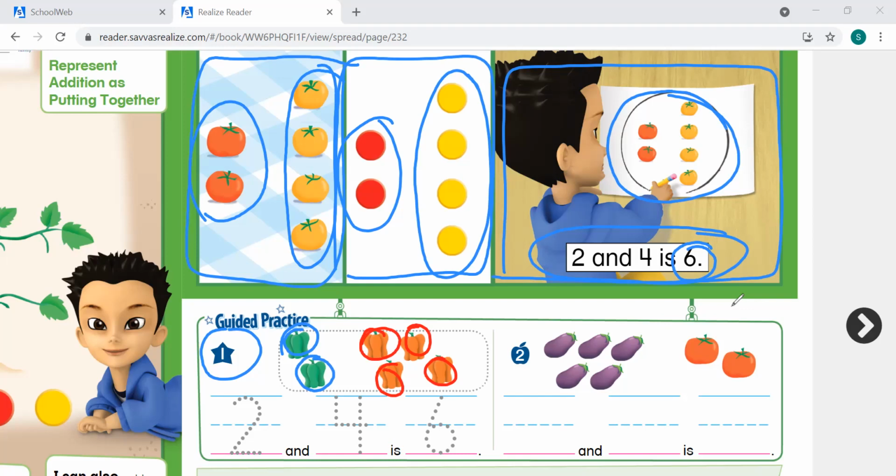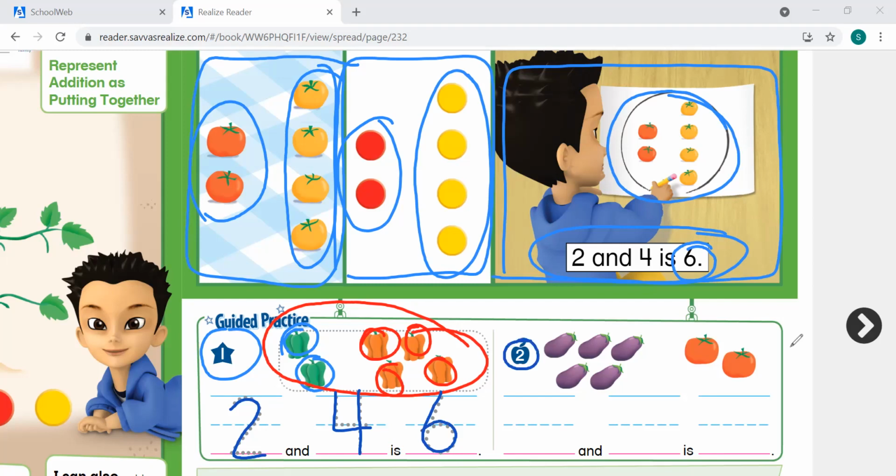We're going to put these two groups together in order to figure out how many in all. So let's write our addition sentence to show how many in all. In our first group, we have 2 bell peppers. And in our second group, we have 4. 2 and 4 is 6.